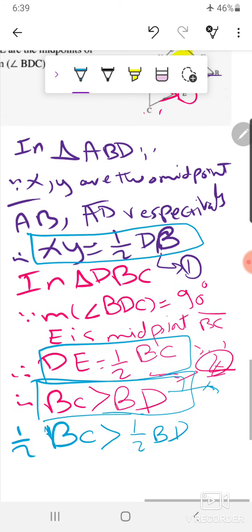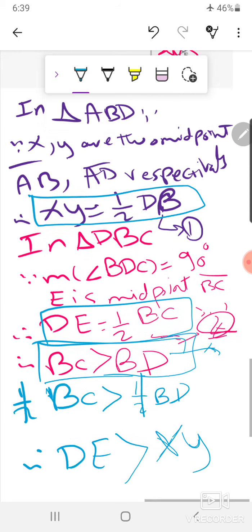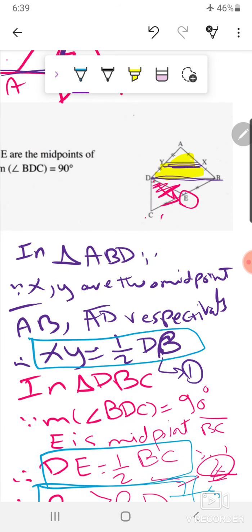It's okay, I remove half with half. Then I will get, therefore, DE greater than XY. Okay, did you understand? Thanks for listening. This is lesson number 2 and 3 in geometry. Thanks for listening. Goodbye.